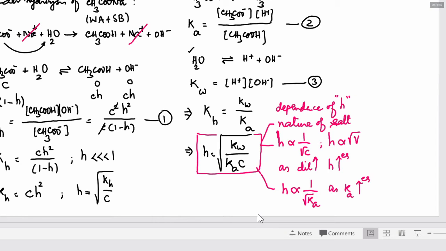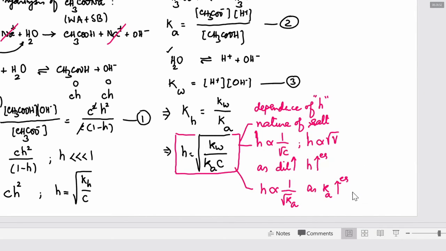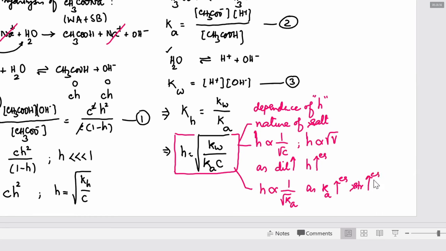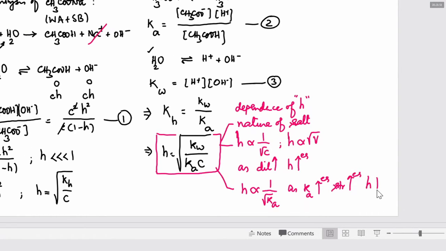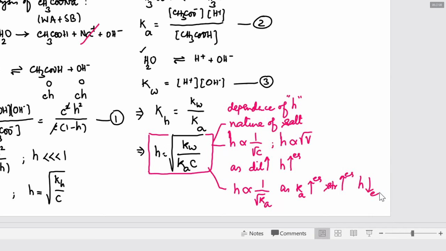I am not discussing strong electrolytes. My topic is with respect to weak ones. Therefore, as Ka increases, the relative strength of the acid increases, and as the strength increases, it denies undergoing hydrolysis. Hydrolysis is the property of weak substances.